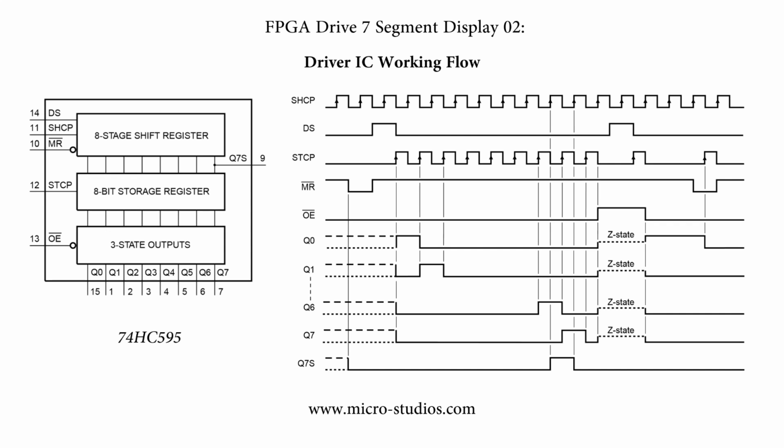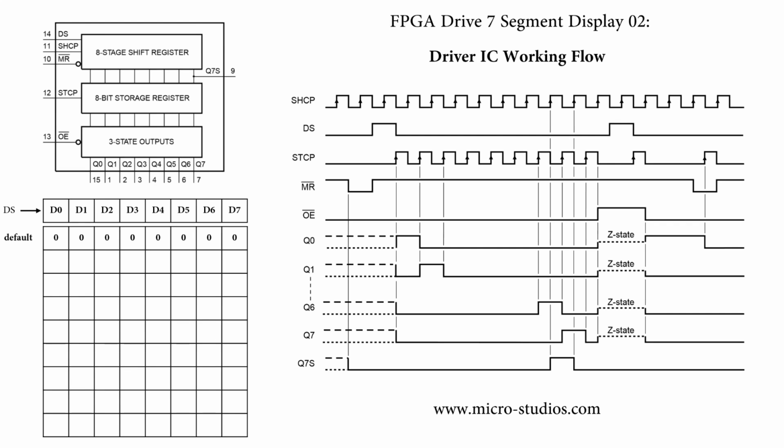So let's take a look at this table. When the system is reset, when the reset signal is low level, all the shift register data is 0, 0, 0, 0, 0, 0, 0, 0.